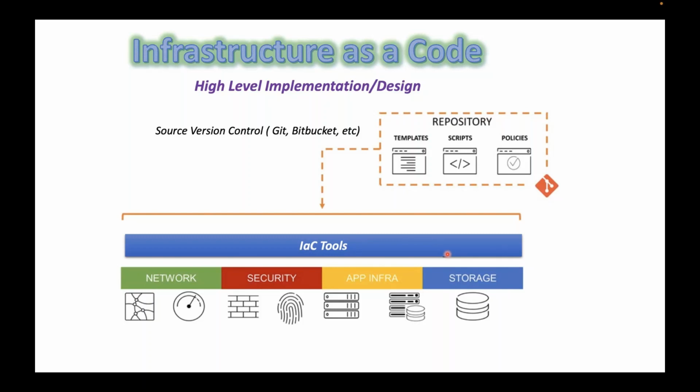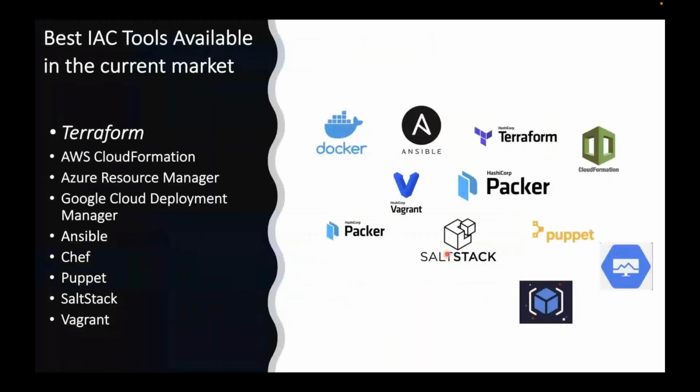Now we will see the different kinds of IaC tools in the market. As you can see, we have Terraform, CloudFormation, Azure Resource Manager, Google Cloud Deployment, Ansible, Chef, Puppet, SaltStack, and Vagrant. These are many IaC tools available in the market. And why should we use Terraform? We will discuss that now.